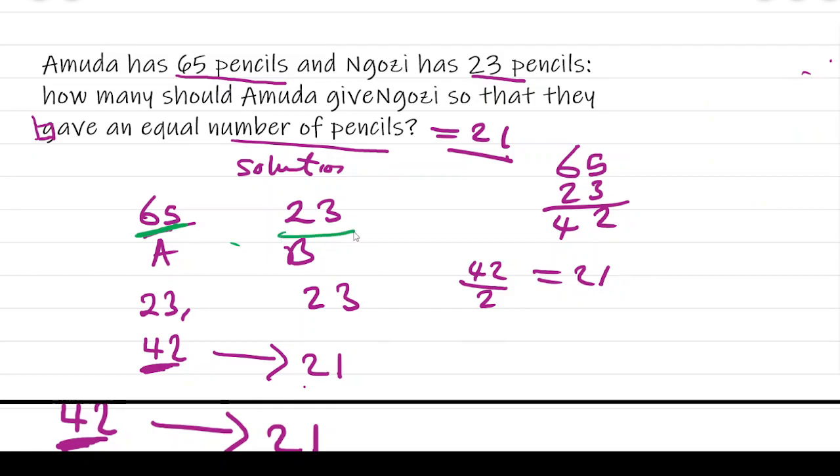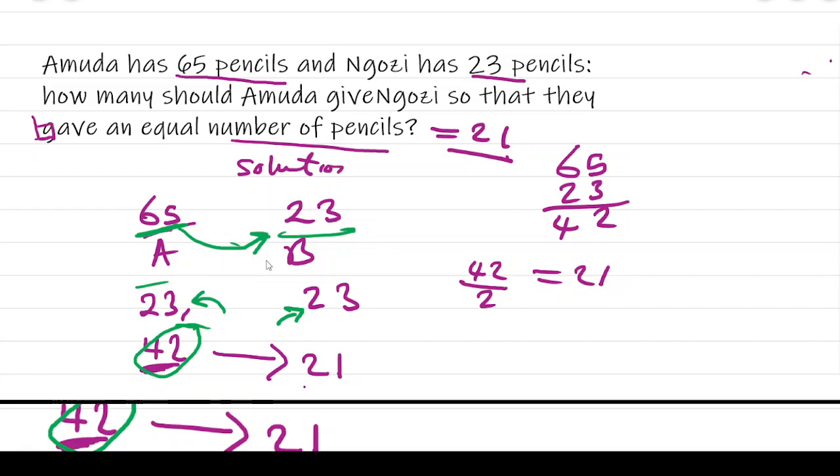You ask, what number of pencils will you give this person so that both of you have the same number? Well, we have to find out how many pencils you have more than this person in the first place, and we got 42. Now this excess you have, if you divide into 2, so if we give 21 to Ngozi here and keep 21 here, we should be able to get both sides having equal number of pencils.